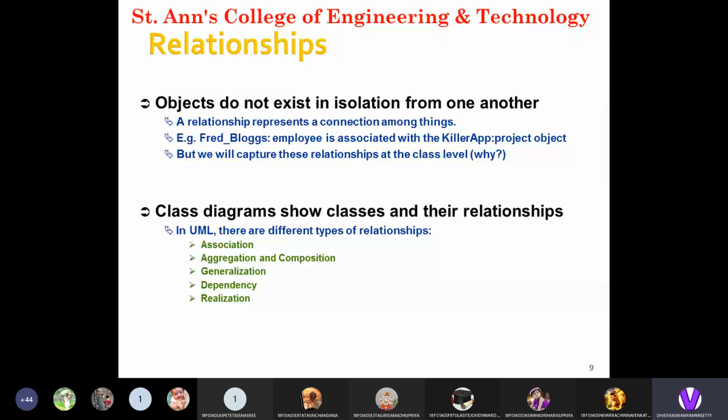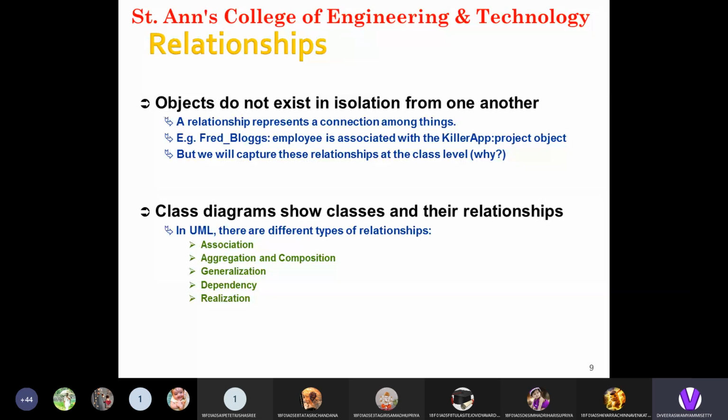So there are kinds of relationships used to implement between the classes. That is association, generalization, dependency, and realization. Association can be categorized into aggregation and composition. These are the types of relationships in our Unified Modeling Language platform.